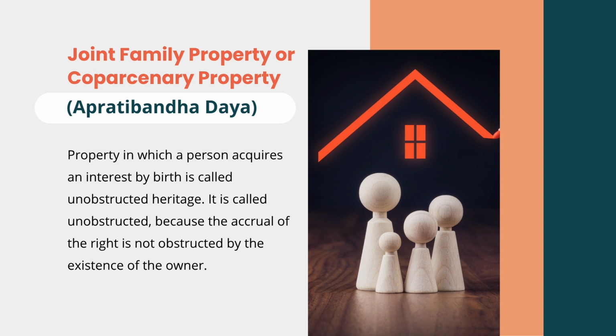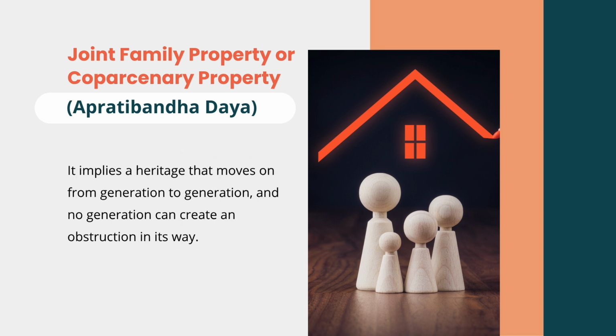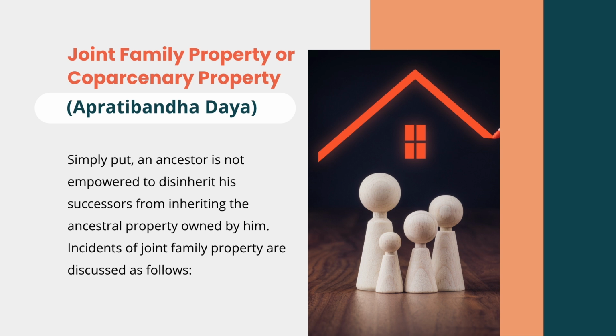It is called unobstructed because the accrual of the right is not obstructed by the existence of the owner. It implies a heritage that moves on from generation to generation, and no generation can create an obstruction in its way. Simply put, an ancestor is not empowered to disinherit his successors from inheriting the ancestral property owned by him.